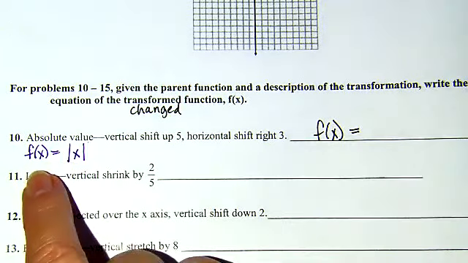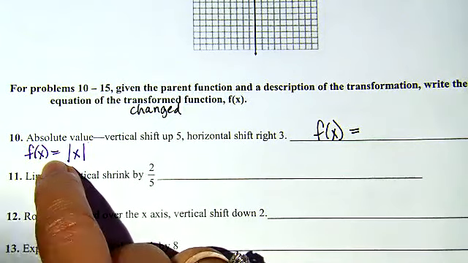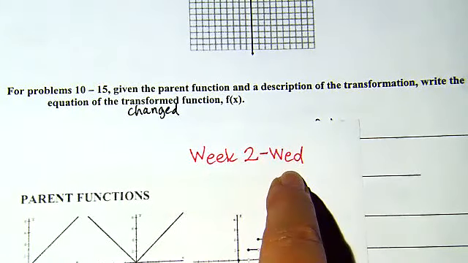I've been doing this for many years, so it's stuck in my brain. And if it's not stuck in your brain yet, that's okay. You can use your notes from week 2 of Wednesday. That's when you worked on that lesson.